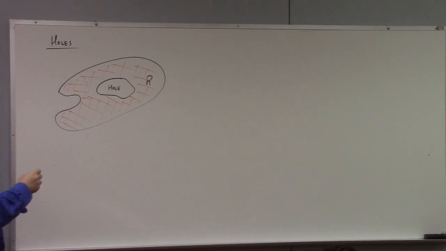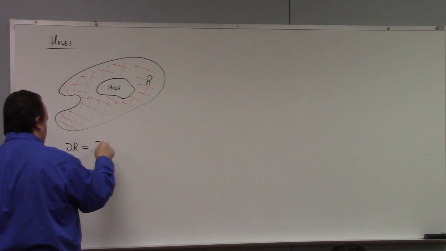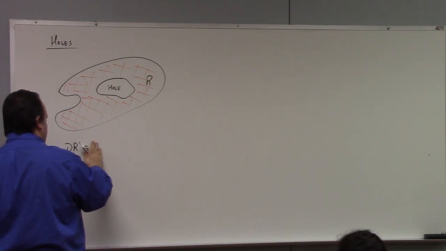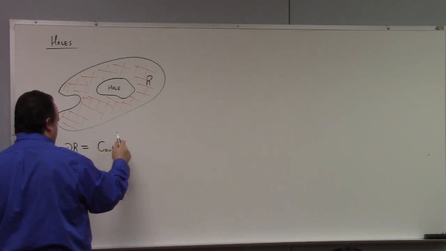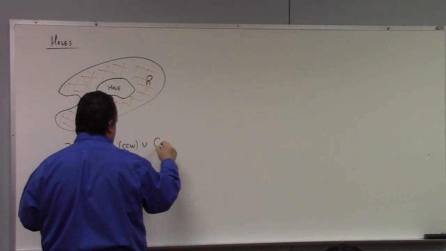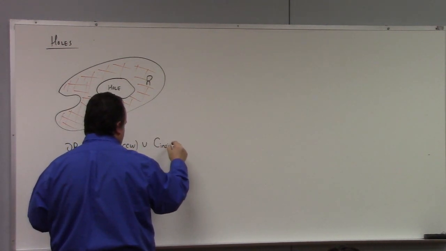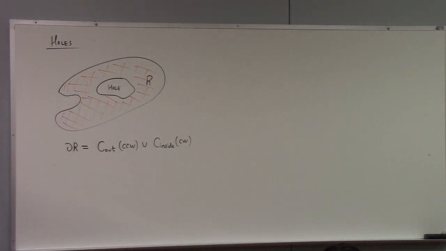And here's our convention. The boundary of R is equal to C out, the outer boundary, which is counterclockwise oriented, unioned with inner boundaries, which are going to be clockwise oriented. This is the so-called positively oriented boundary of a region. So you're like, well, I don't know what's inside and what's outside.